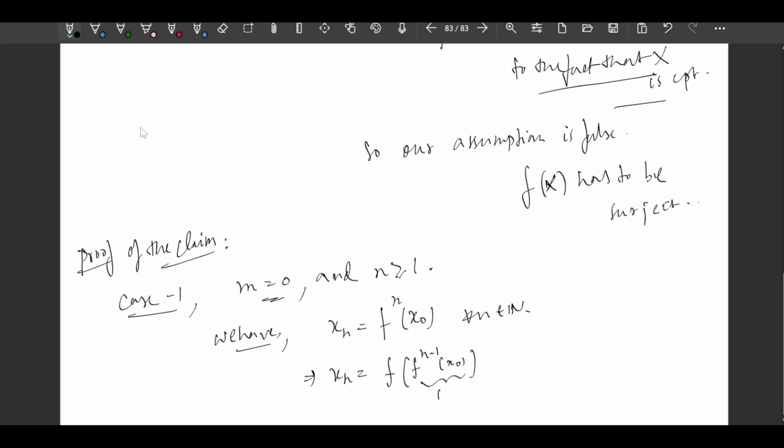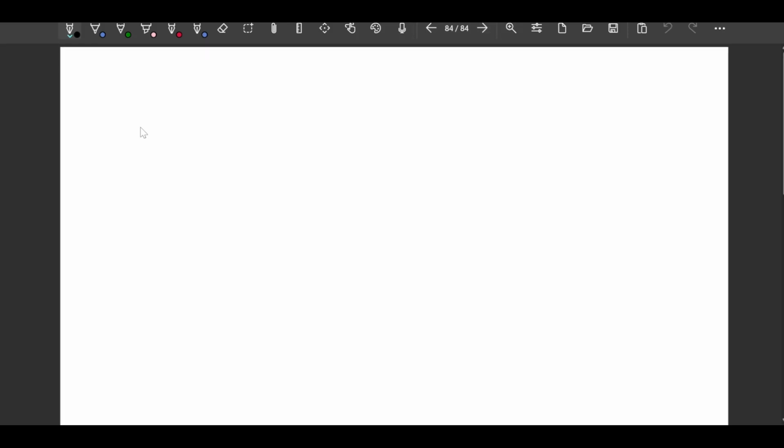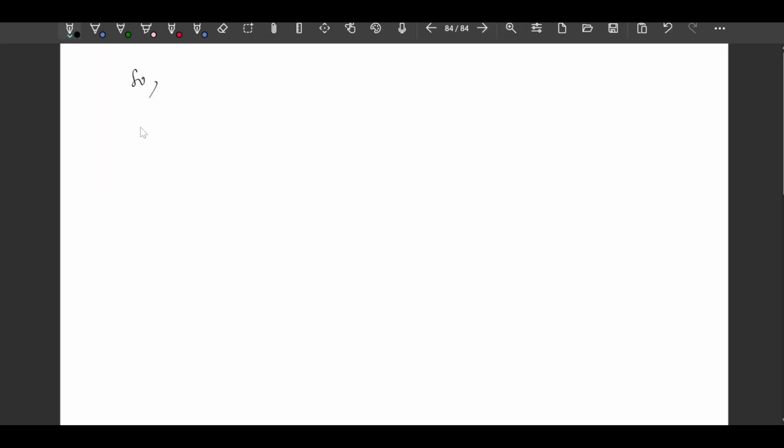So this is an element of x, and I am applying f on this element, and it gives me xn. So where does this belong? To f of capital X, it belongs to the image. Do you understand? Okay, that is xn belongs to f of capital X. And what we have is that a does not belong to f of x because we take a from the complement of f of x.